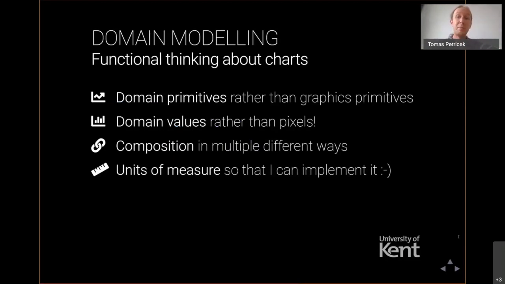You should be thinking about domain primitives like lines and axes rather than pixels and polygons. You need to think about the different ways in which things can be composed. So in charts, that's mainly the overlaying. But again, if you look at other domains, there will be different things. And in F#, and this is somewhat specific to this example, but a useful trick, you can use units of measure to make sure that you don't introduce certain errors.